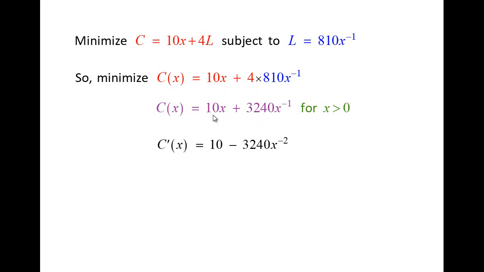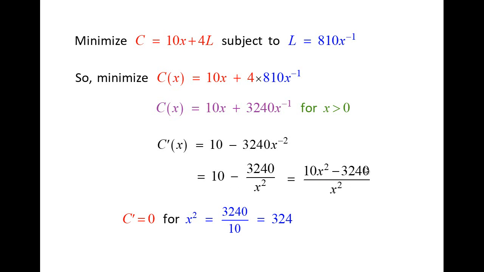The derivative would be 10 minus 3,240 times x to the negative 2, which is the same as 10 minus 3,240 divided by x squared, and we can write it as 10x squared minus 3240 over x squared.